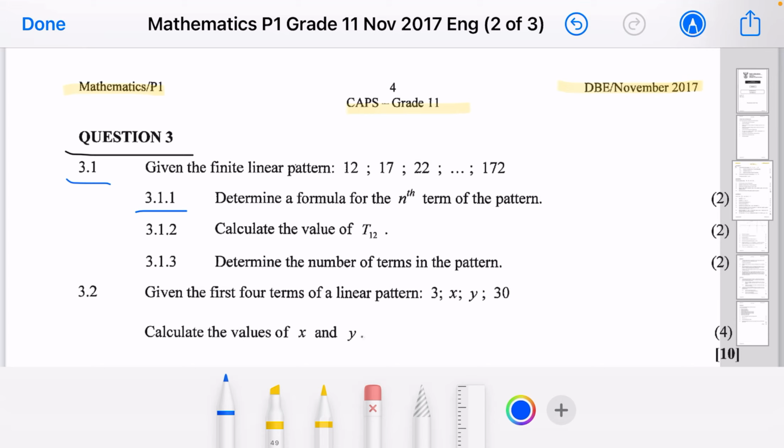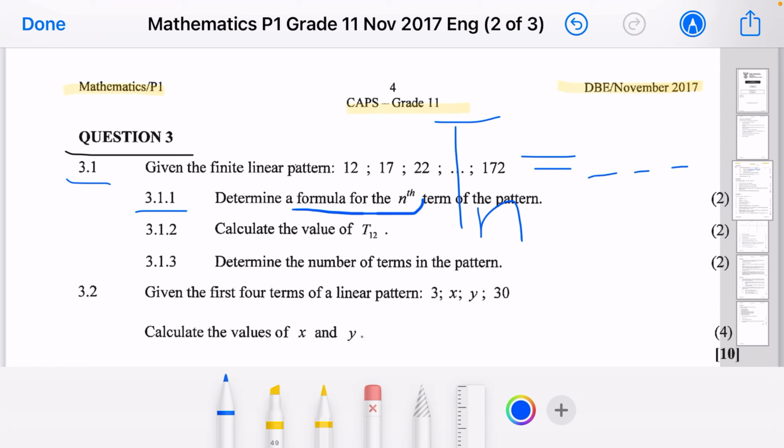Okay, so you need to be aware of exactly what the question wants you to calculate. The formula for the nth term of the pattern. That's what the question wants you to calculate. So it means in the end you should be having Tn equals to something, ladies and gentlemen. In that way you would have answered the question.